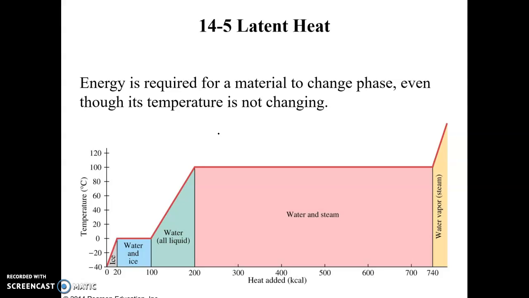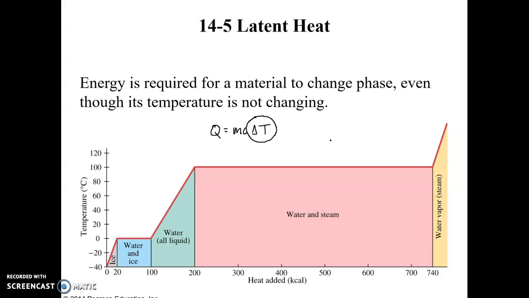So as we demonstrated in the previous example problem, heat flow Q equals mc delta T. But there is one situation where this is not going to be the case, and that is if our delta T, the beginning and ending temperatures, are on different sides of a phase change.